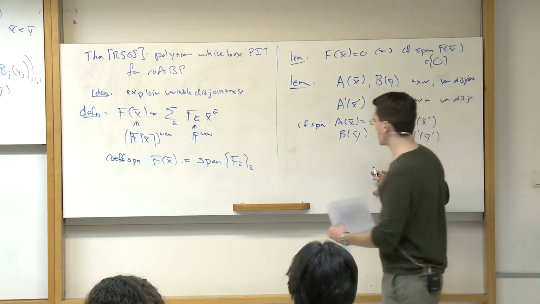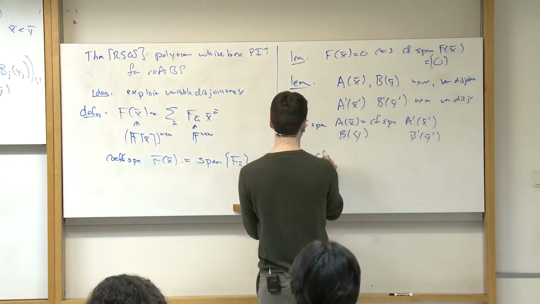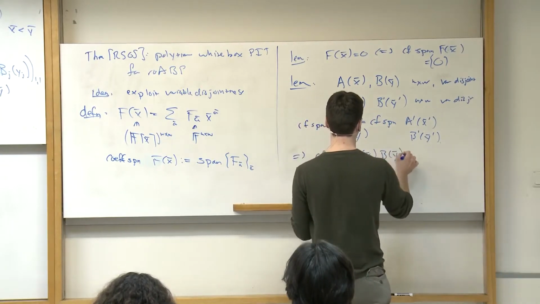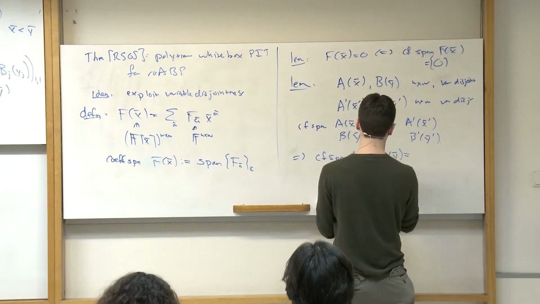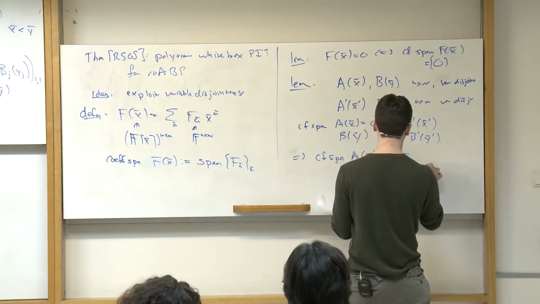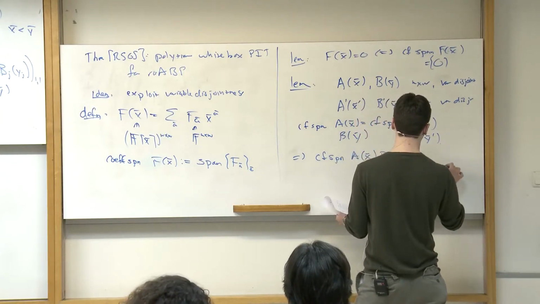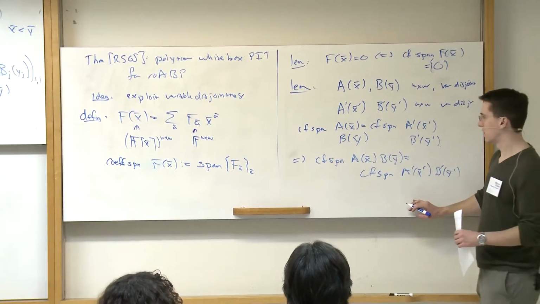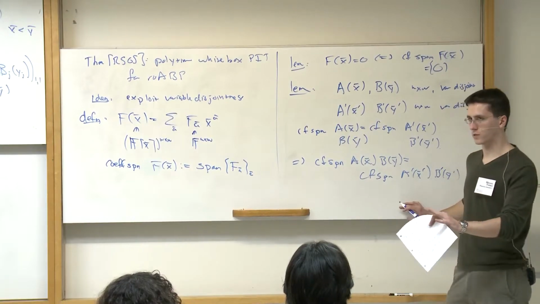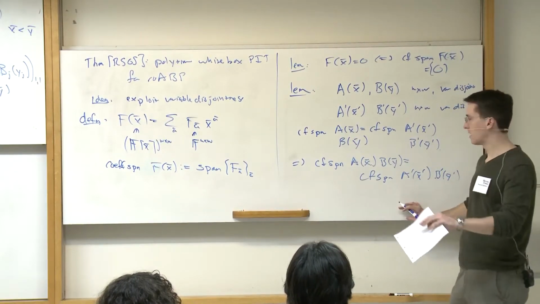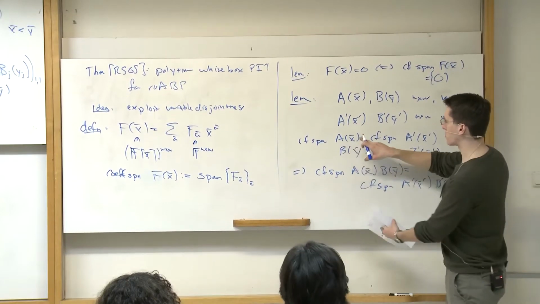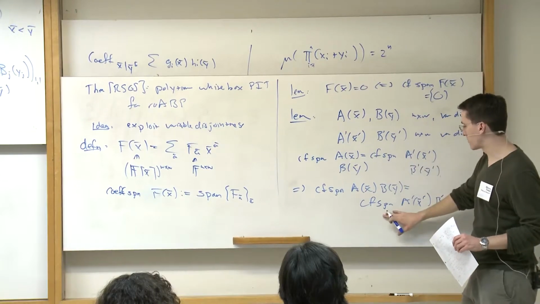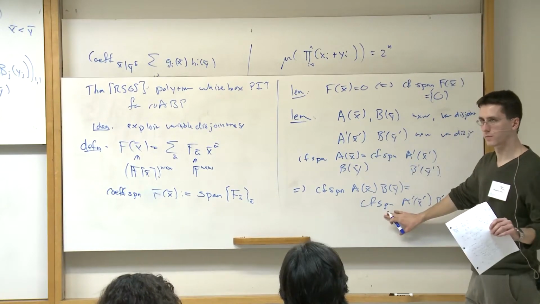The conclusion is that the coefficient span of A of x times B of y is equal to the coefficient span of A prime of x prime times B prime of y prime. So what this is saying is, a read-once ABP is a product of variable disjoint matrices. I give half to one player, half to the other player. If they come back to me with matrices A prime and B prime, which happen to have the same coefficient span, then I have preserved the overall coefficient span of the entire polynomial.